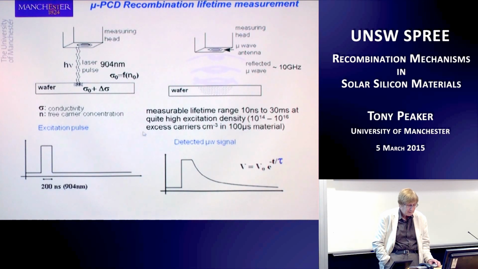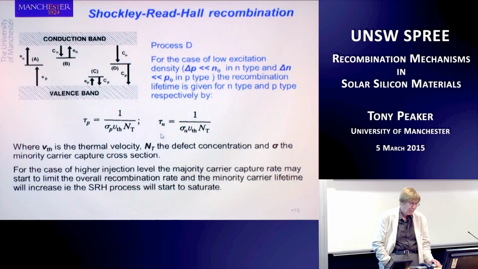And the process is simple. You hit it with a laser. You can choose what laser you want. We use about 903 nanometers usually. And then you pick up the changing conductivity with a microwave signal at 10 gigahertz. So it's quick and easy. You can map with that. And the resolution is about 0.5 millimeter on our machine.